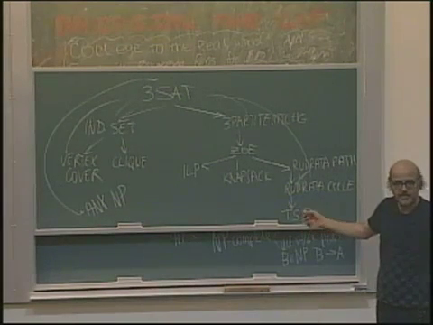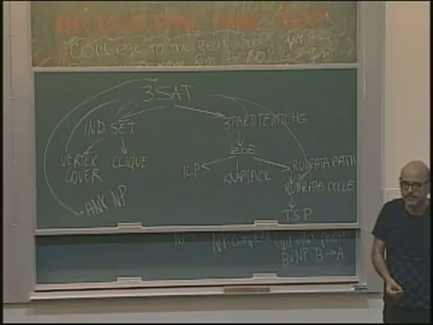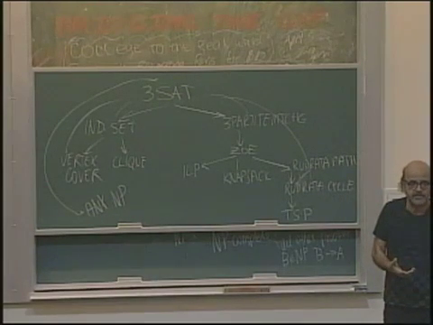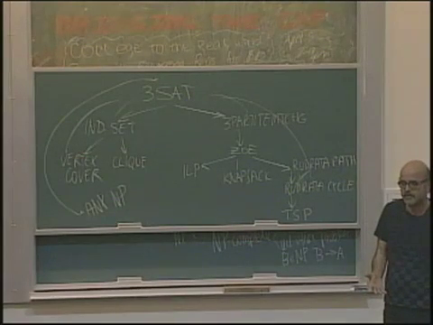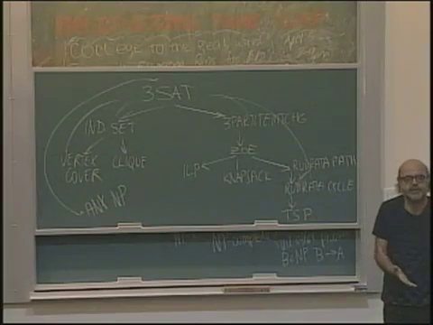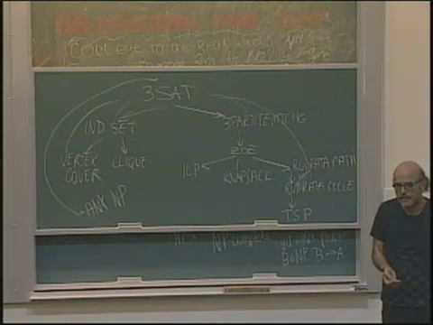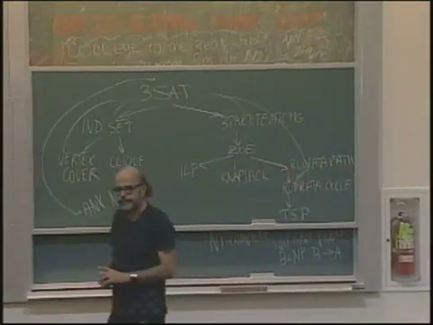And your job now in these 2-3 lectures is to get the skills to reveal the disguise, to expose the disguise. Say, wait a minute, this is satisfiability. Are you kidding me? All right? So this is our goal.